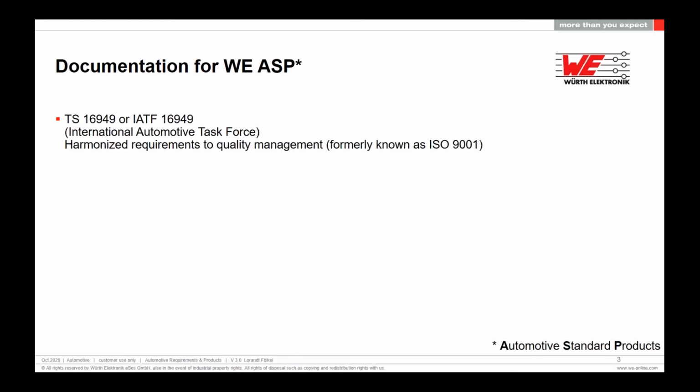Now most manufacturers are qualified already to the International Automotive Task Force 16949, which is similar to ISO 9001. If you are an industrial customer, you actually need this ISO 9001 qualification. It's a total quality management.